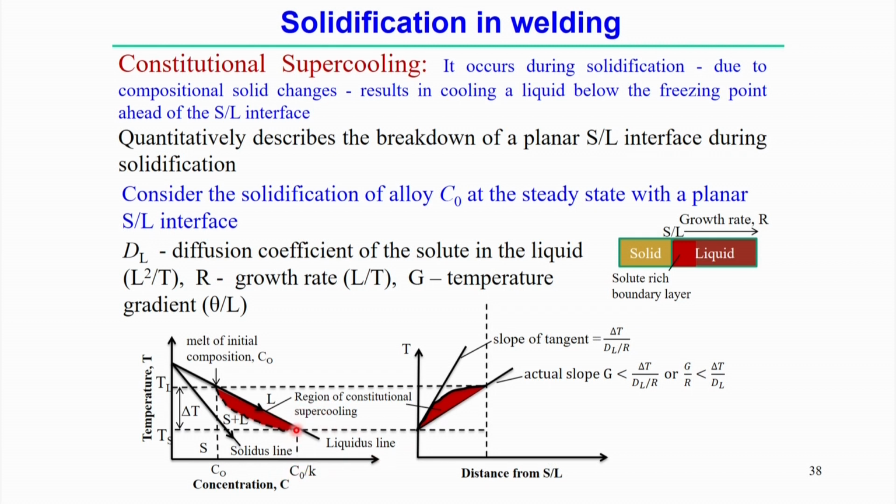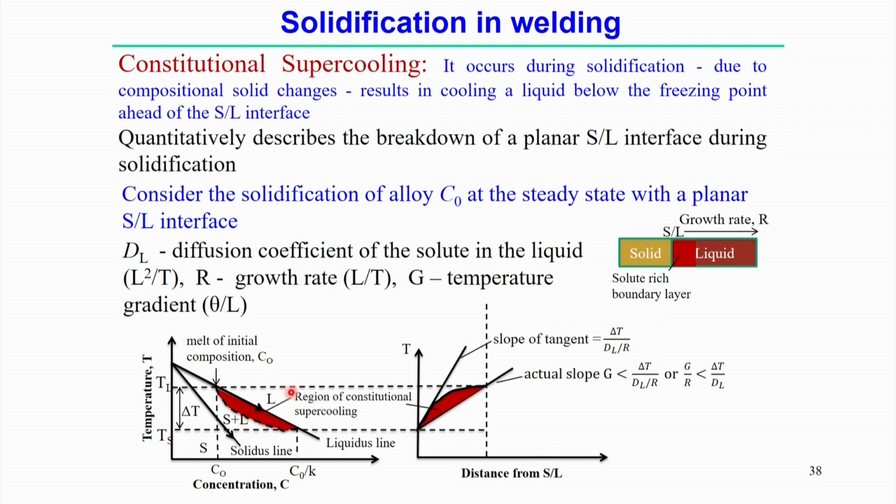So from here this composition is represented by C0 by K. Now, this amount of constitutional supercooling, if we project it onto the right-hand side figure, which is temperature versus distance from the solid-liquid interface, it shows up to what extent from the interface it can go. It is simply projecting the constitutional supercooling from the temperature versus concentration graph to the temperature versus distance graph.